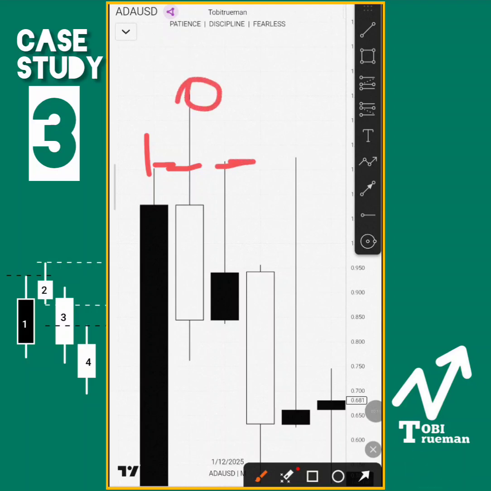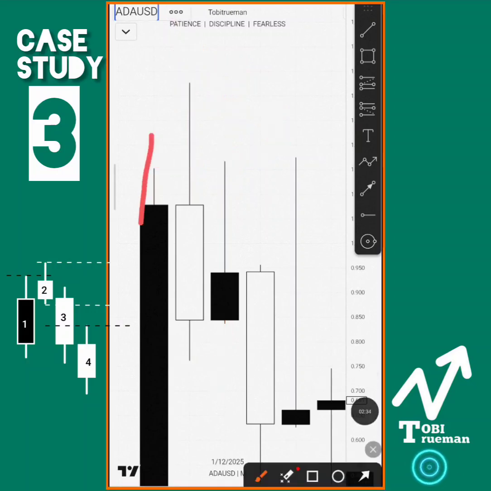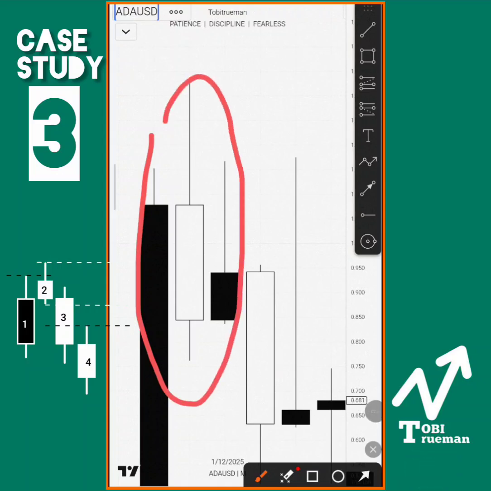Now this is candlestick 3. But although the wick of candlestick 3 did not go above candlestick 2, the body did not go below the low of candlestick 2. Because of this, we cannot consider this as a valid candlestick formation.